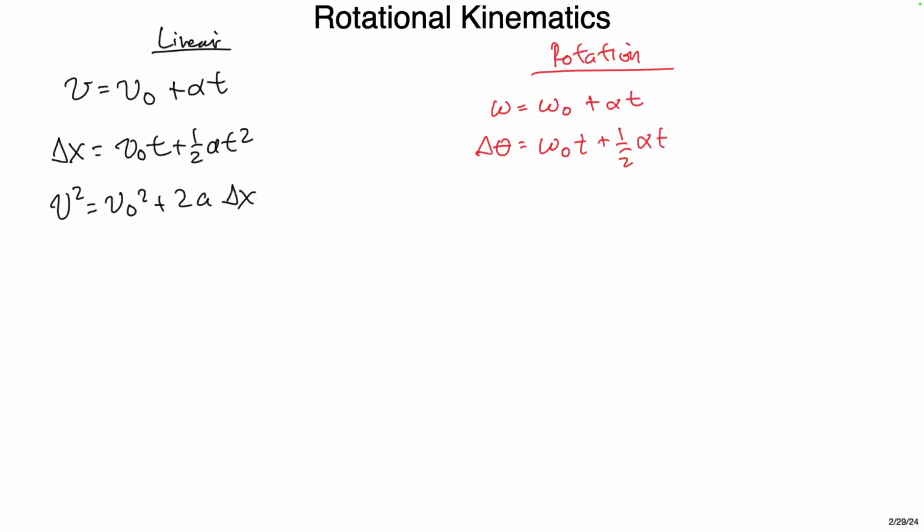Good, you getting the idea? T squared. And instead of v squared, we're going to put in... Oh, good, right? Omega squared equals omega naught squared plus 2 alpha instead of an a, and instead of delta x, delta theta. And there we go.